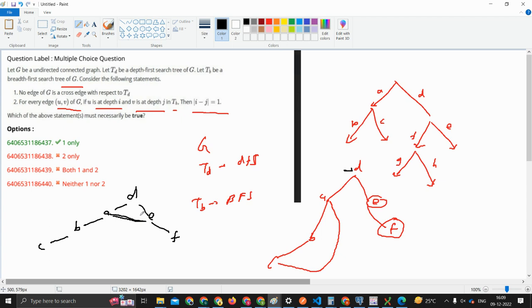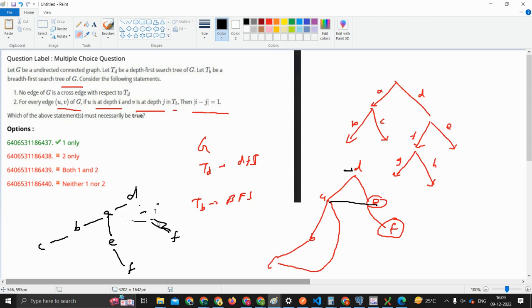Two siblings having one connecting edge. But here, if it were like that, then E would also have joined here. If A was connected to E by any chance, if there was a cross edge, then the graph would change for E and F. So that's the point over here.